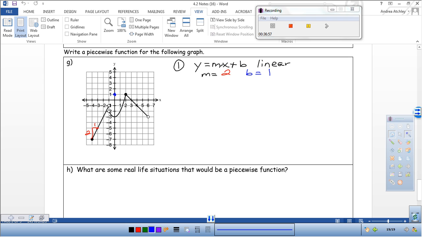So you can see the y-intercept by extending the line. If not, you're going to have to use the point slope formula: y minus y1 equals m times x minus x1, using that starting point and the slope. So this is easier. So the equation of this line is y equals 2x plus 1.